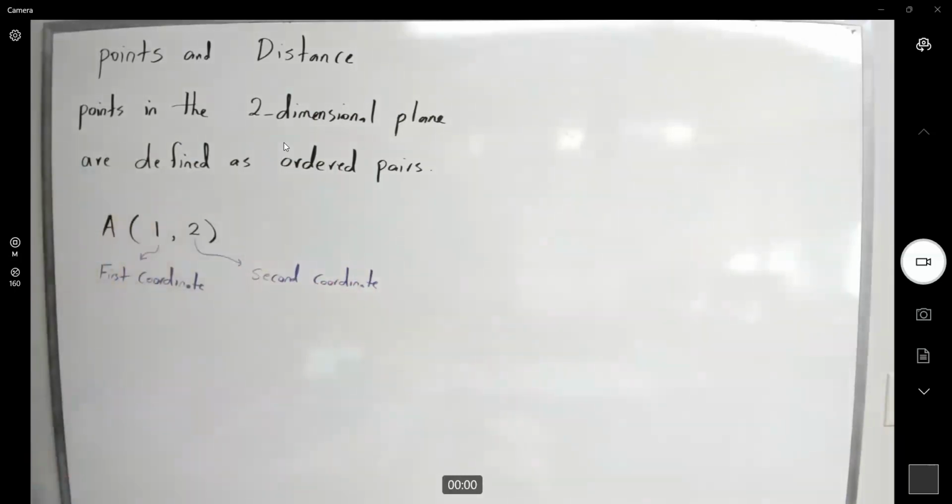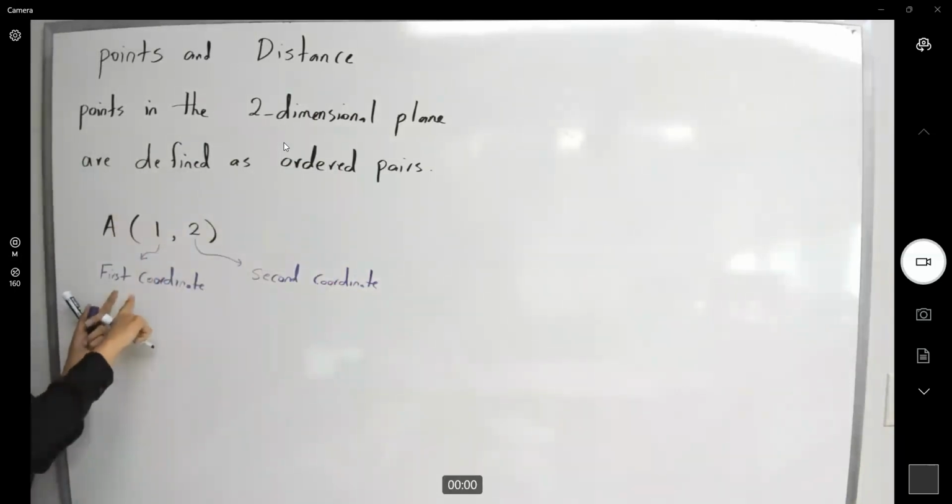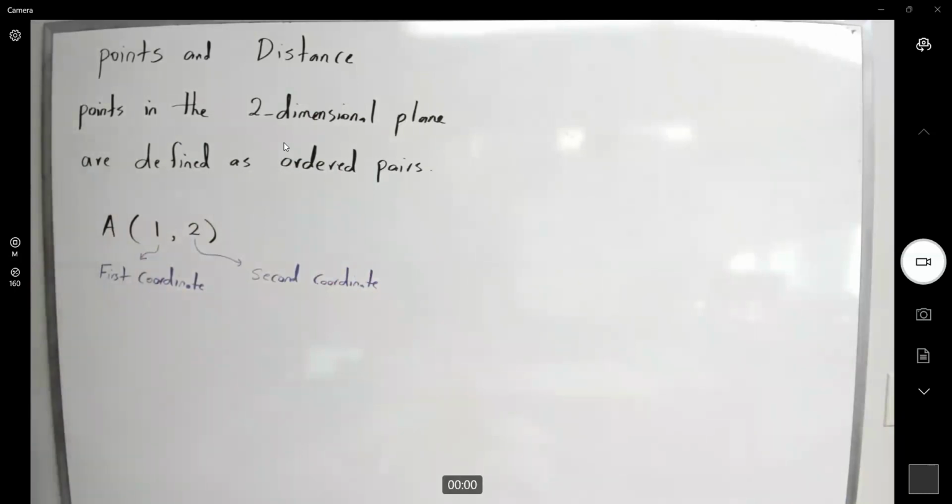Okay, very good. So you're introducing ordered pairs. The first coordinate, or another name for it, is x coordinate.